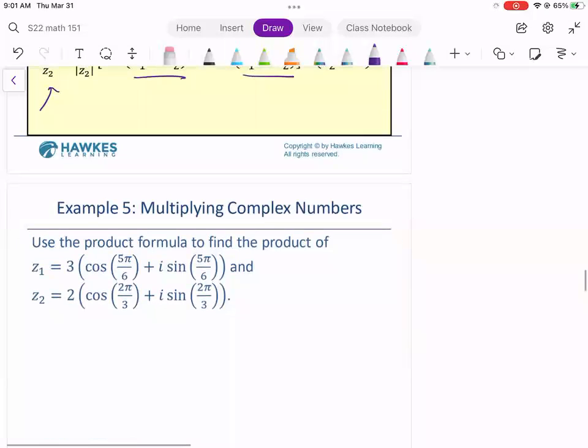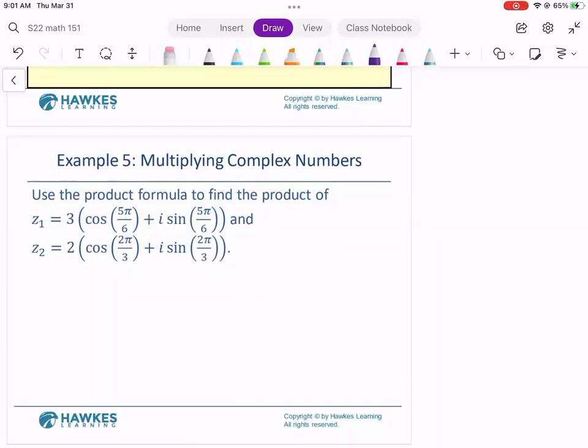So let's look at an example here. If we want to use the product formula, so we're going to add our arguments to multiply these two complex numbers that are written in trigonometric form. We're going to have Z1 times Z2.